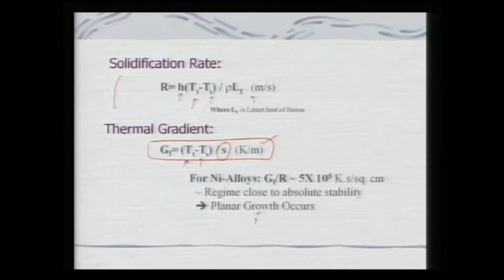Whether we get a cellular microstructure, planar growth, or dendritic growth is dictated by the thermal gradient as well as the interfacial velocity.